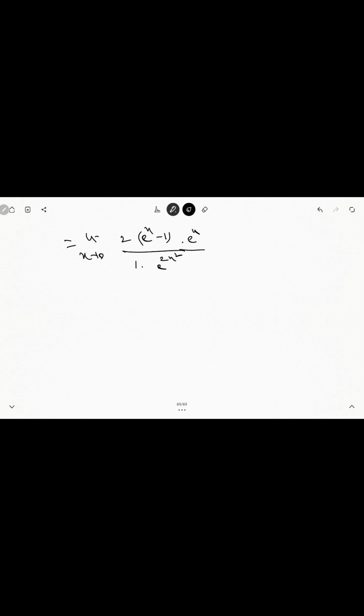So the denominator is only e power 2x square. Upper limit derivative 1, apply upper limit, minus lower limit derivative 0. So if you apply the limit here, 2 into e power 0 minus 1 by 1. Finally we are getting 0, right?